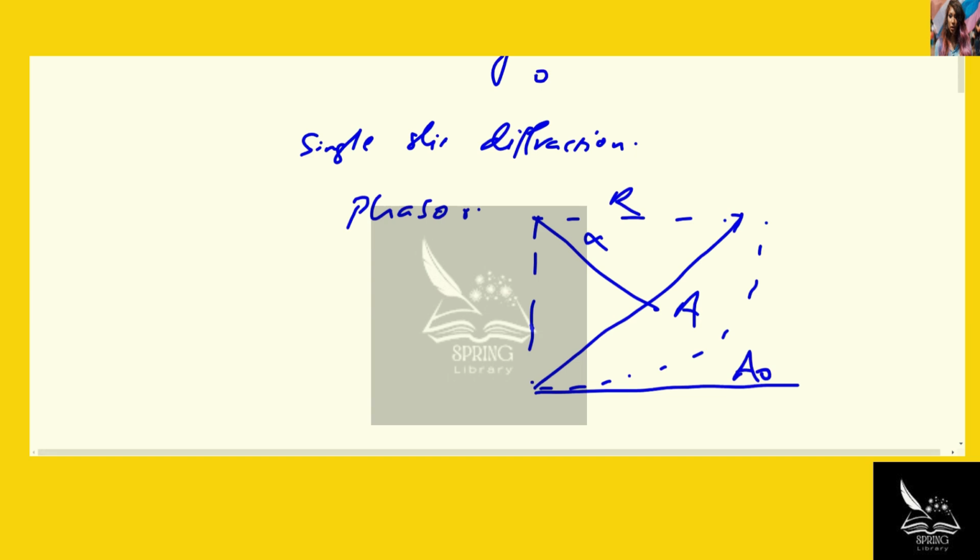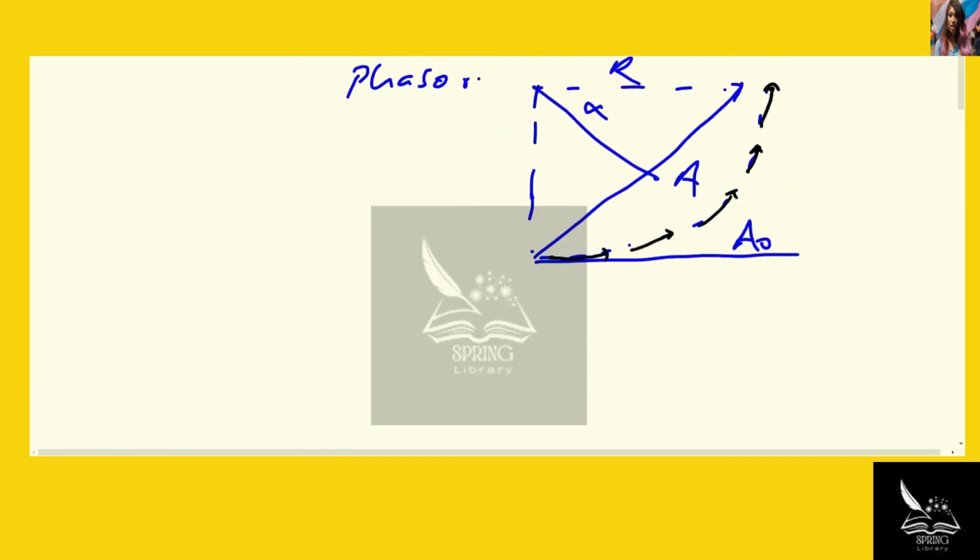That's the phasor diagram, just to show what happens with the changes in the intensity and the amplitude. How does the amplitude change? So we're going to go ahead and solve the problem. Our main question is, why is it that if you double the slit, then the intensity quadruples?